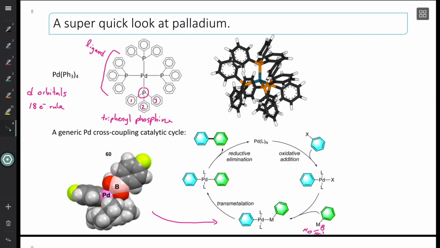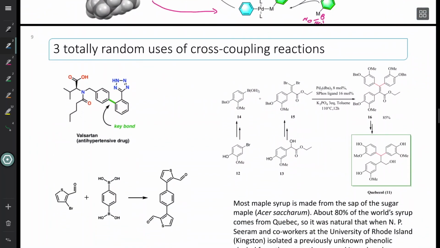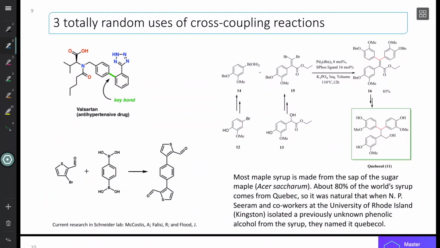So this is vastly different from the chemistry that we've seen before. So you do not have to know this mechanism. But while we're covering it, it is super useful.